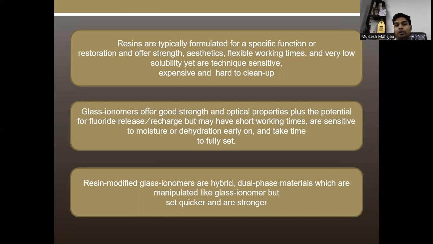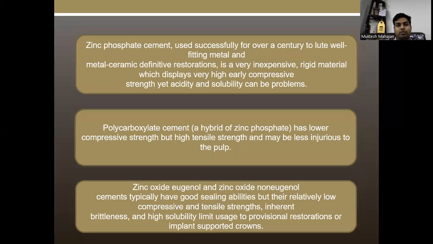The glass ionomer offers good strength and optical properties, plus the potential for fluoride release and recharge, but may have a short working time and is sensitive to moisture or dehydration early on and takes time to fully set. The resin modified glass ionomers are hybrid, dual phase materials which are manipulated like glass ionomer but set quicker and are stronger.